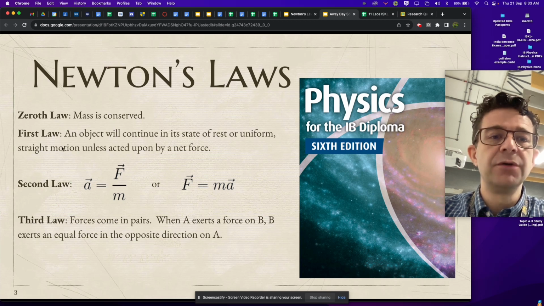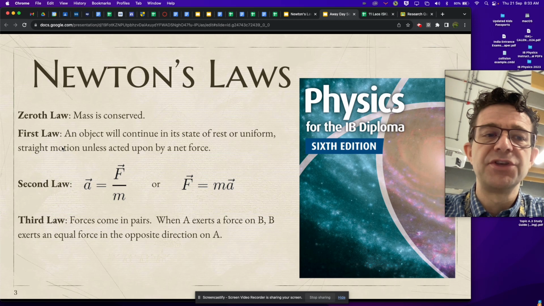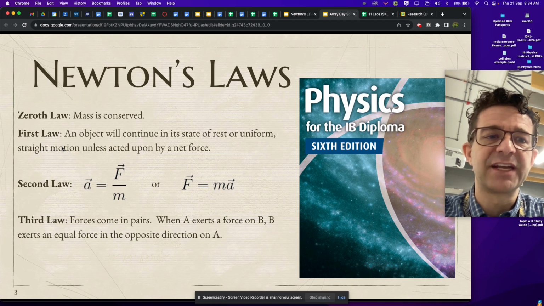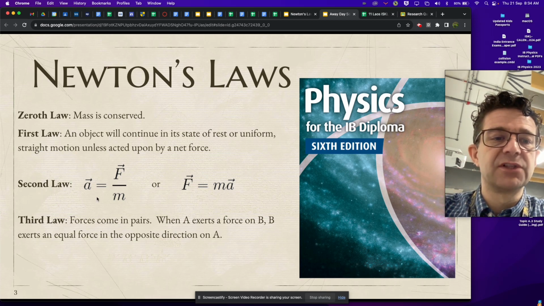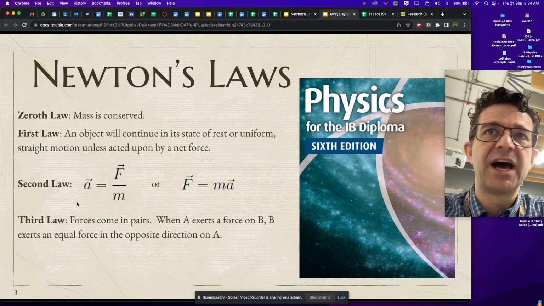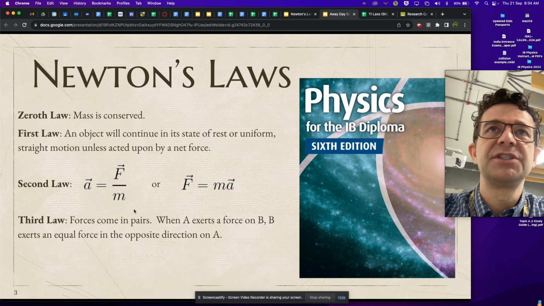And as long as that is true, then an object will continue in its state of rest or uniform straight line motion unless acted upon by a net force. In other words, when there is no total force acting on an object, it will stay at rest or it will stay moving at a constant velocity. That law is actually contained in the most famous of Newton's laws, Newton's second law, which says that the acceleration of an object will be proportional to the net force and inversely proportional to the mass.